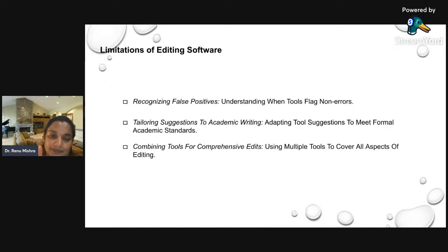Sometimes, not always. And sometimes you need to use too many tools to cover all the academic standards. So these are limitations of the editing software. However, they are not so difficult that they can't be overcome.